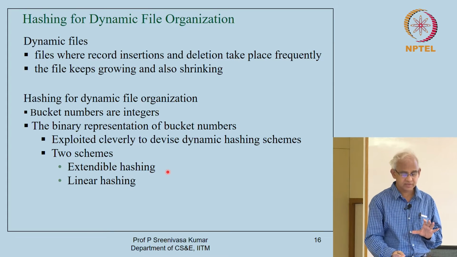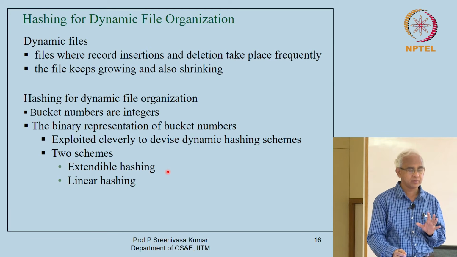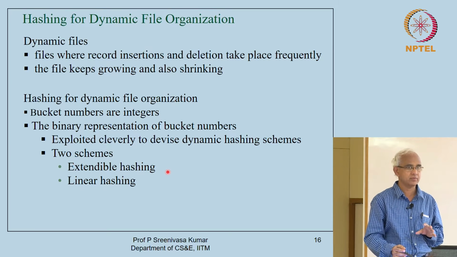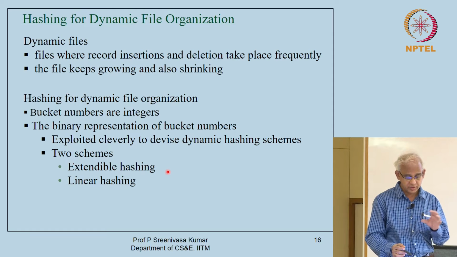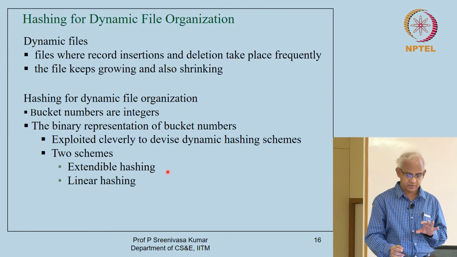Both of them make use of the fact that the bucket numbers are integers. After you apply the hash function to the hashing field, you get a bucket number, and that bucket number is an integer. So, we can convert that integer into its binary representation.